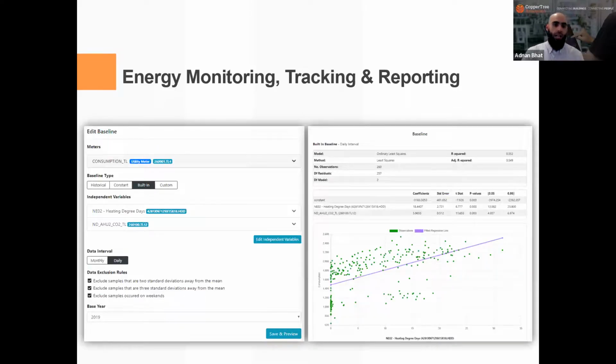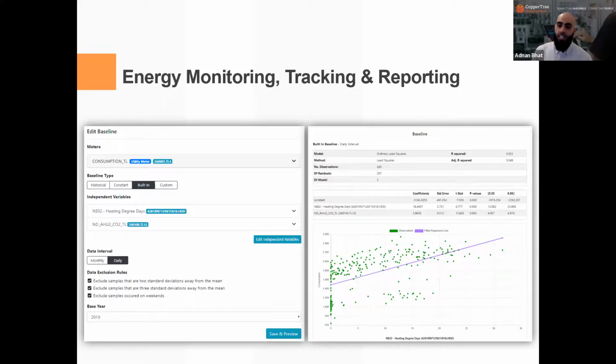So our EIS platform, Kaizen Energy, also has a versatile baseline functionality where users can choose simple historical data to compare, for example, current energy consumption against the same time last year, or use a linear regression model where we use historical data with one or more independent variables to adjust the baseline as it correlates to occupancy or weather.